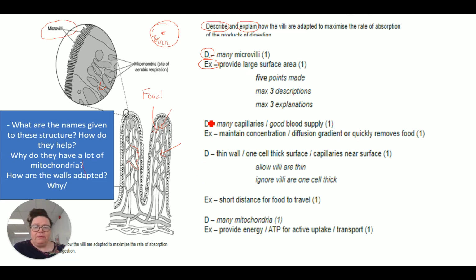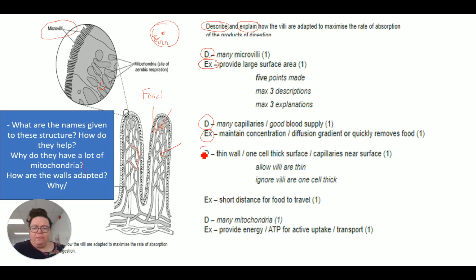We've got another describe down here, and again you can see this on the picture: many capillaries are a good blood supply. That's our describe. And our explain: to maintain the concentration or diffusion gradient, or quickly removes food, one of those.